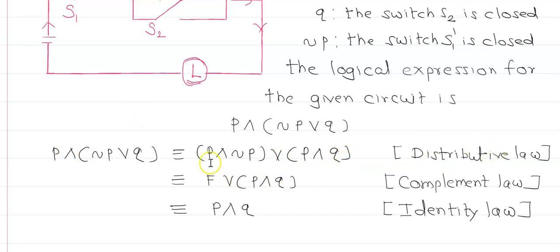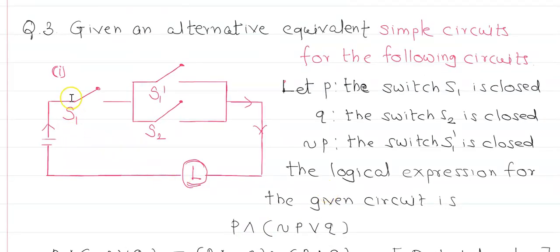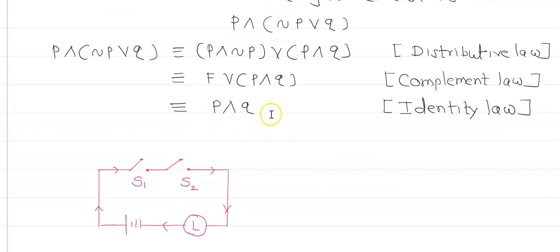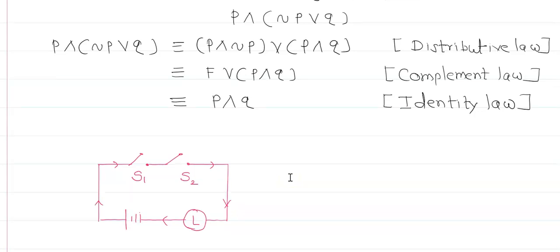Now see this first: P and negation of P. By the complement law, this is F. F or P and Q, but by the identity law, it is P and Q. Now how many switches are there? 3 switches. We can use only the 2 switches which are in series, where P and Q, this is S1 and S2, and in this way we have simplified the given circuit diagram.